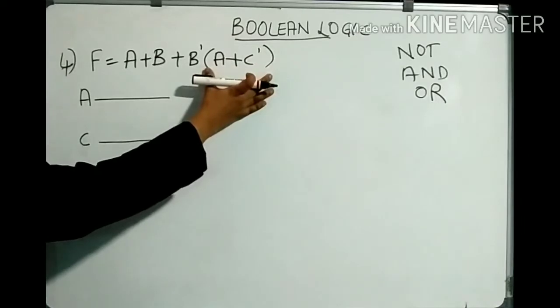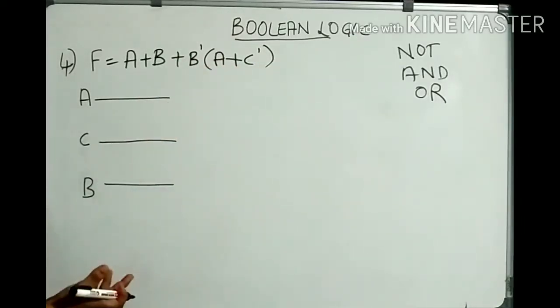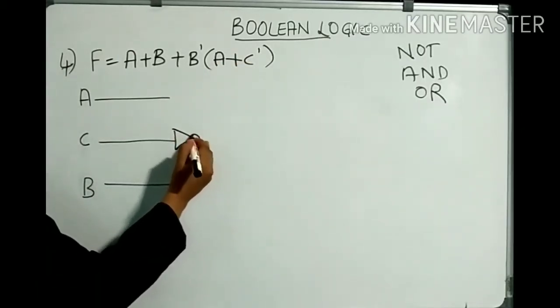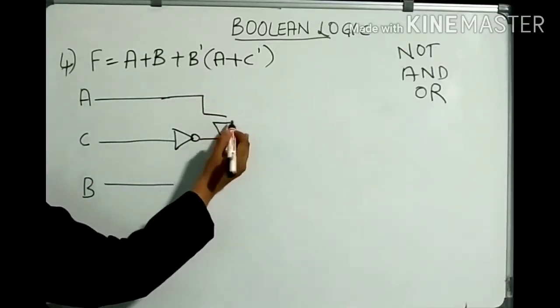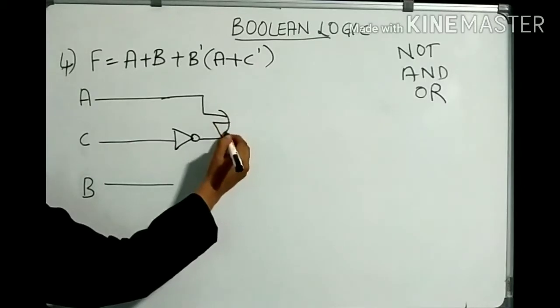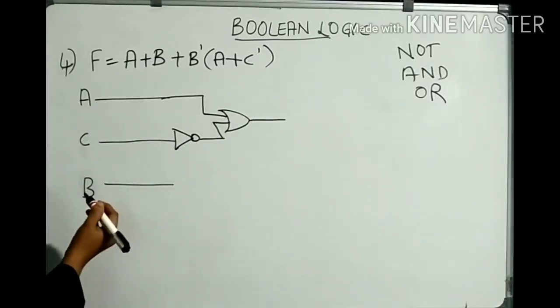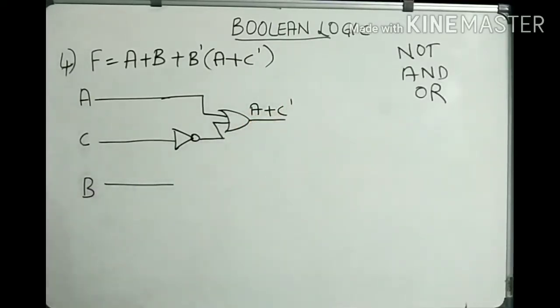Because there is a bracket, we have to give priority to the bracket. Then only we can move on to the other logic gates. So A or C dash. C dash means there should be a NOT gate here. So A and C dash are being ORed. The OR gate should be here. So the output will be A or C dash.